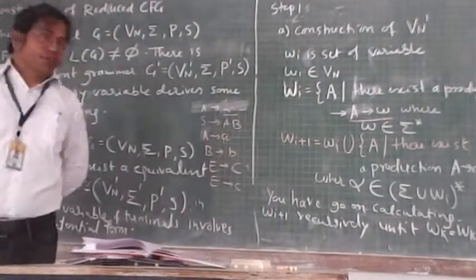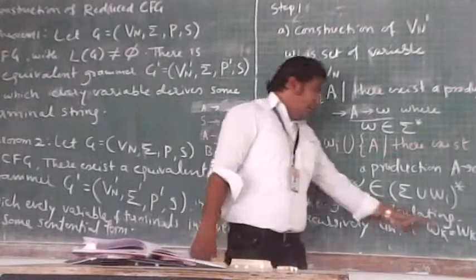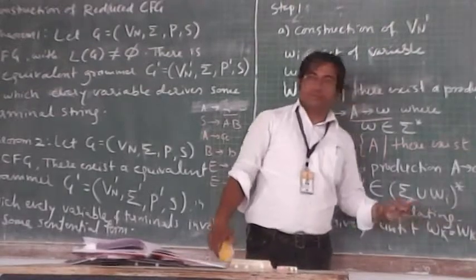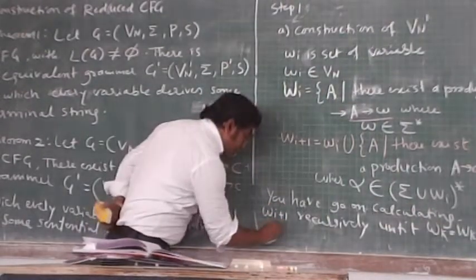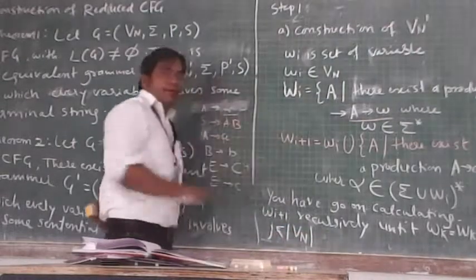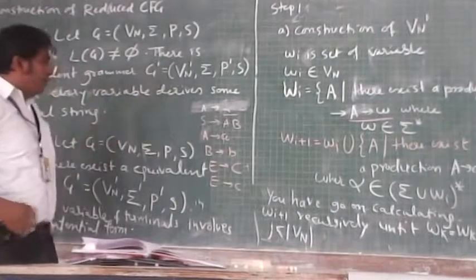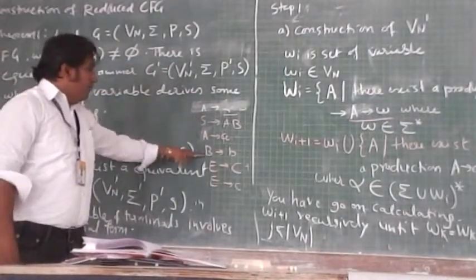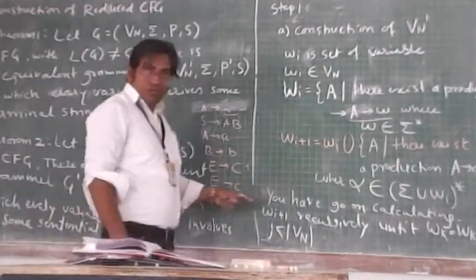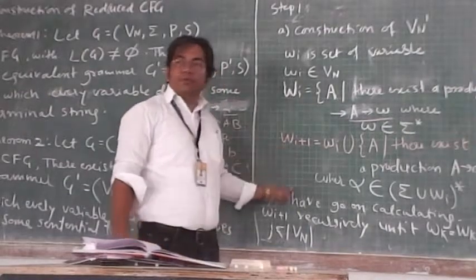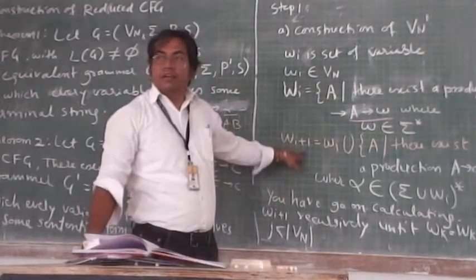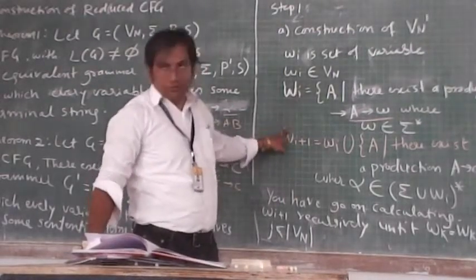At some point of time, you will find that the Wi's you are getting are similar to a previous W for some j value, and that j value will be less than the number of variables in your graph. For example, how many variables do we have here? A, B, E and S. Four variables. So at the most W4 will always be equivalent to W3. At that time you have to stop calculating W's.